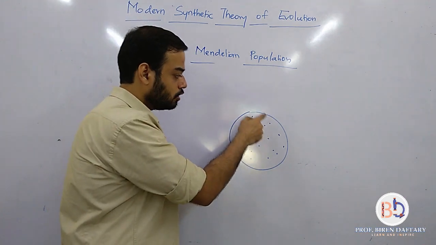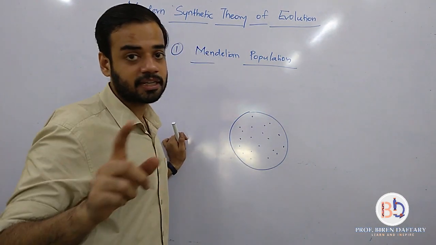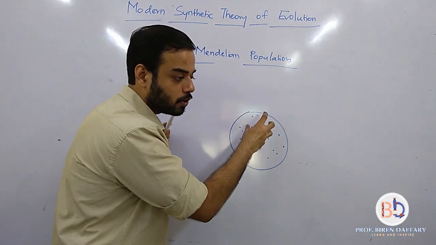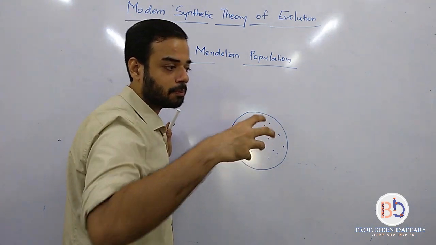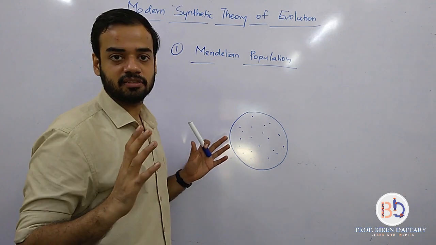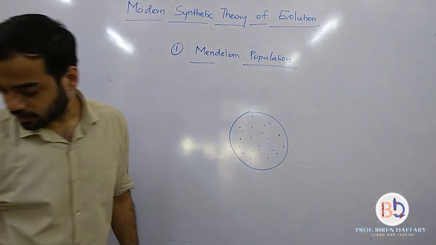Because you can have all the organisms of the same species, but there can be no breeding between them, then that will not be a Mendelian population. So Mendelian population means a group of organisms which form a population and which can interbreed with each other, or they can mate with each other, they can reproduce with each other. Is this clear? So this is the first thing that you should know.